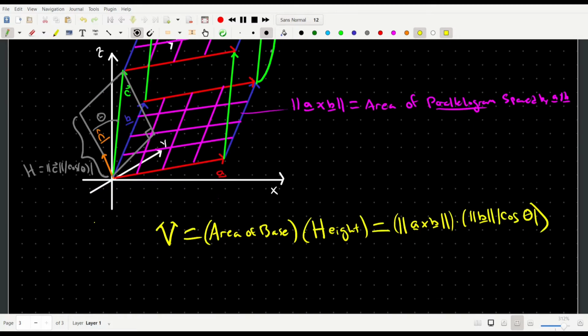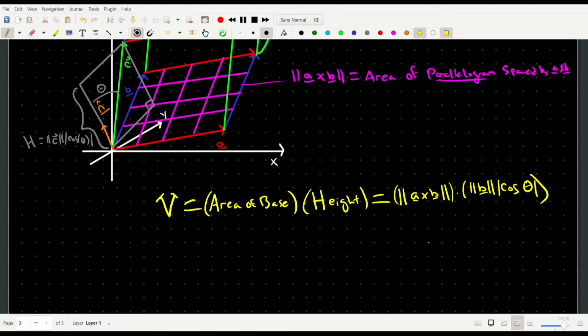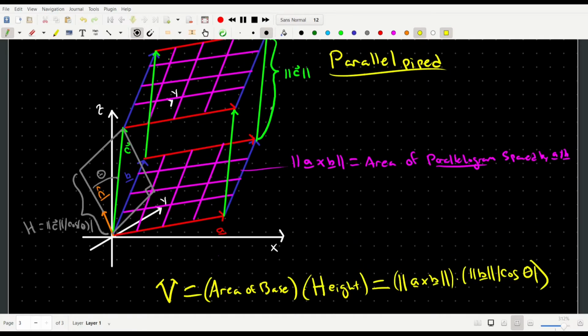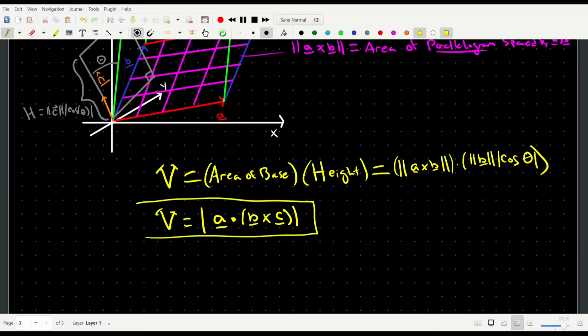But the point here is the following, right? The point is that this combination of quantities is exactly the volume of this parallelepiped, which is the same thing as the absolute value of the triple scalar product, A dot B cross C, of those three vectors.